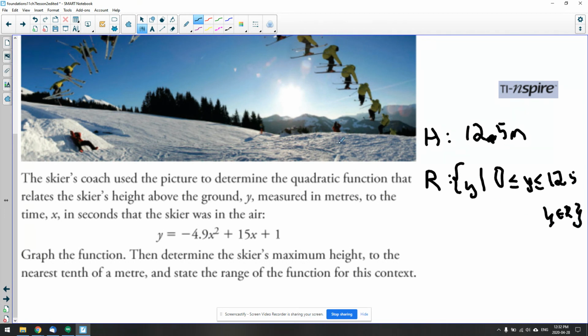So our maximum height of the skier is 12.5 meters. Our range is y such that 0 is less than or equal to y, which is less than or equal to 12.5, y is an element of the real numbers.